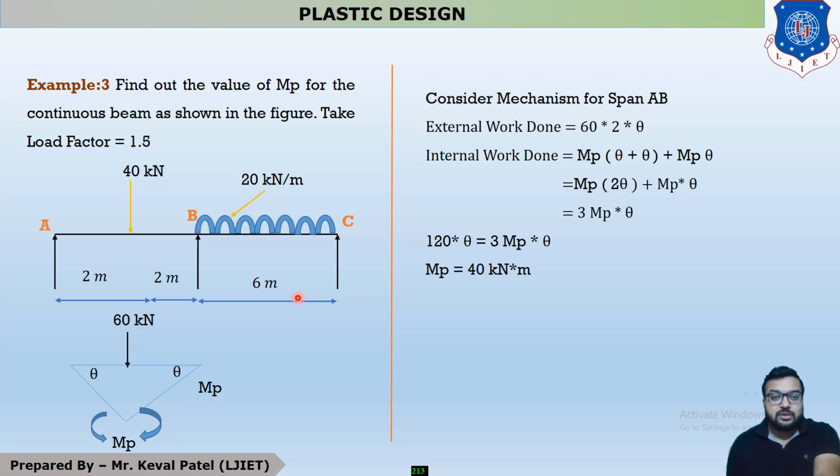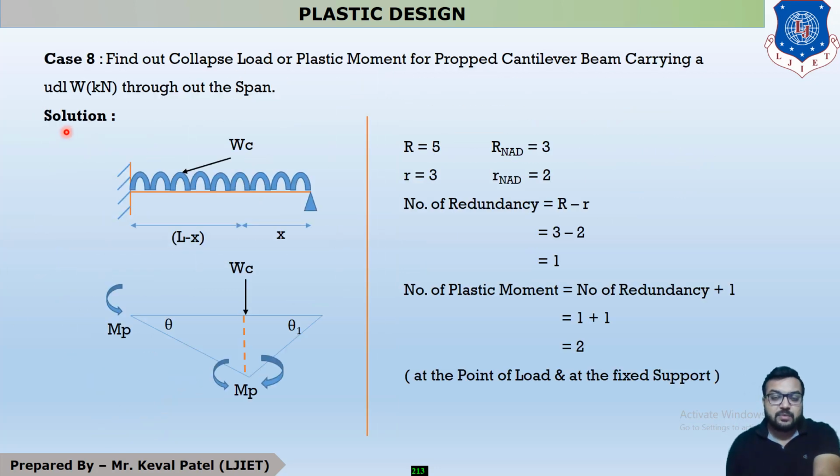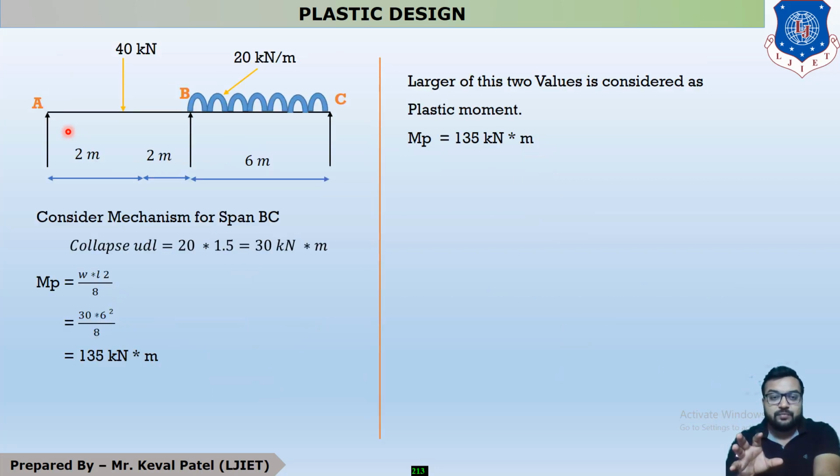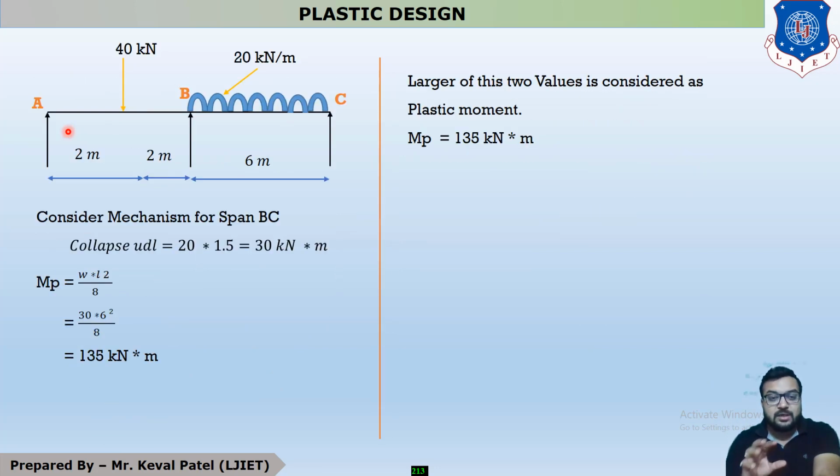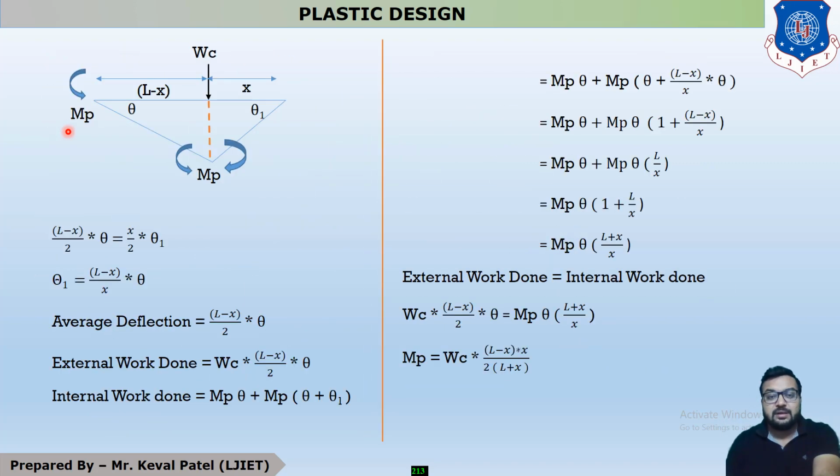Okay, so this is your case number 8, and the derivation of case number 8 is WL square divided by 11.656. Okay, and after completion of this derivation we will move further to our example number 3 in which there are two spans. Okay, so these slides are covered in our last lecture.